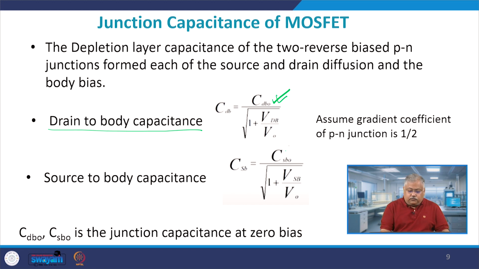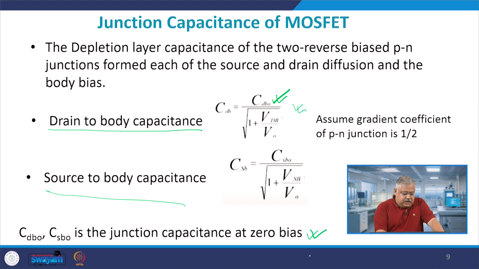This is what we are assuming, that the source and drain diffusion is there, and source to body will again be exactly the same as a reverse biased PN junction, with source to bulk voltage by V0 rather than drain to bulk. V0 is a constant value which you see. CDB0 and CSB0 are drain to bulk and source to bulk at 0 bias, and that is what we have written here.